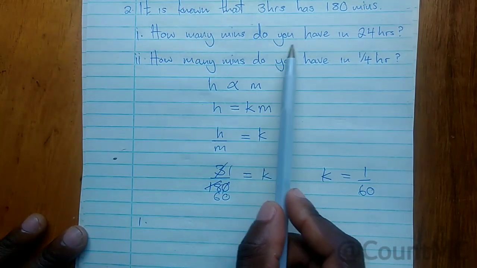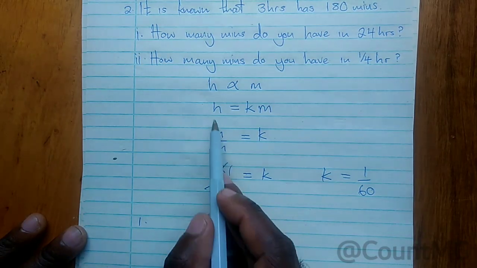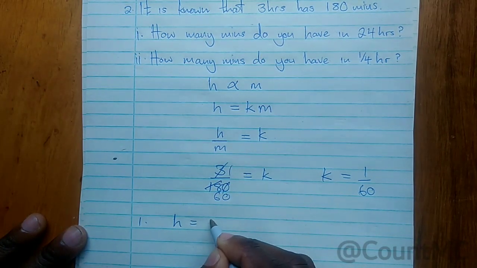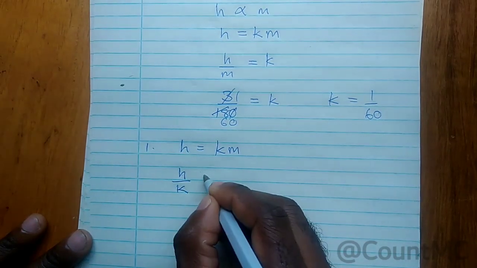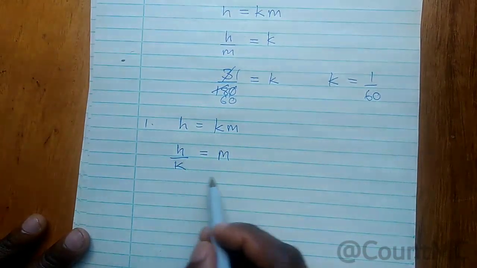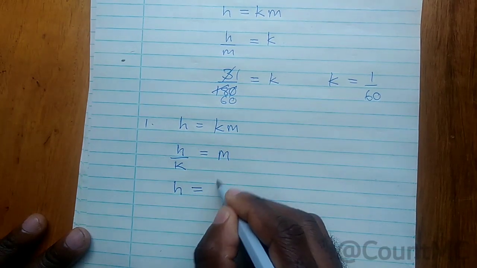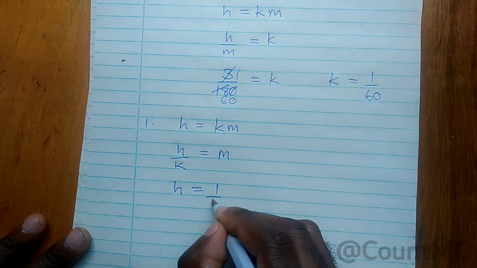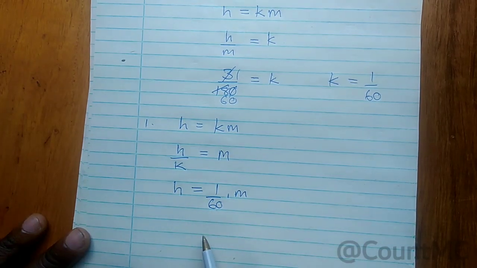How many minutes do you have in 24 hours? So what we want here is minutes. So let us start here. H is equals to K M. We want minutes. So H divided by K is equals to minutes. Or you can just substitute directly. H is equals to, for K, it's 1 over 60 times M. So you can take 60 to this side.